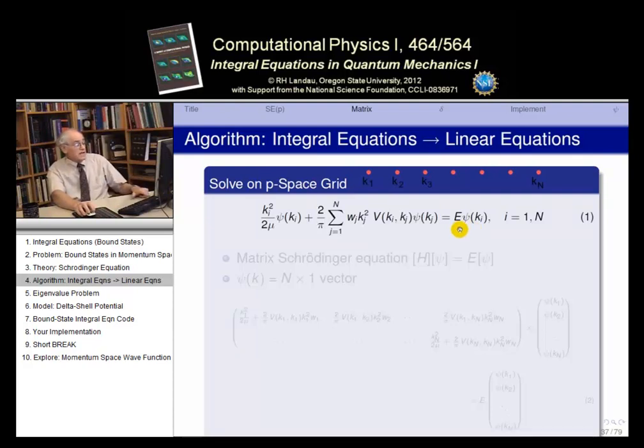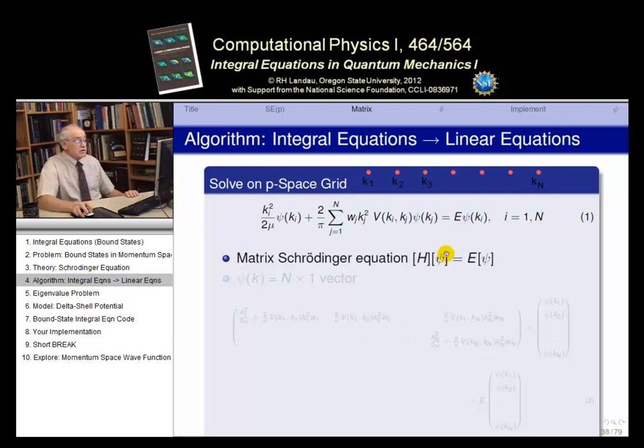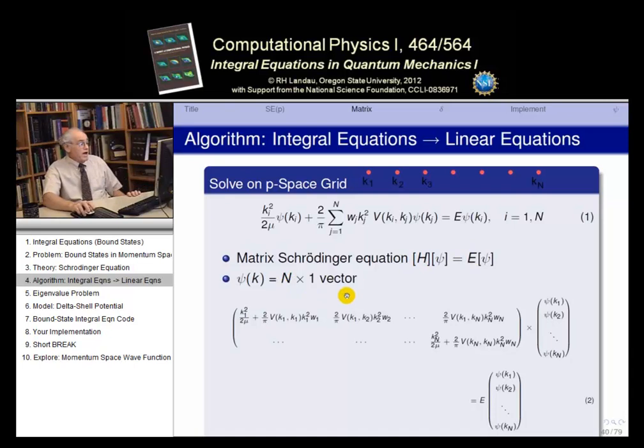Well, we want to say this is really just a matrix version of the Schrodinger equation. It's just H psi is equal to E psi, where now psi is an n by 1 vector. So we have here the Schrodinger equation. Okay? So if we write out these n equations simultaneously, we get a matrix.